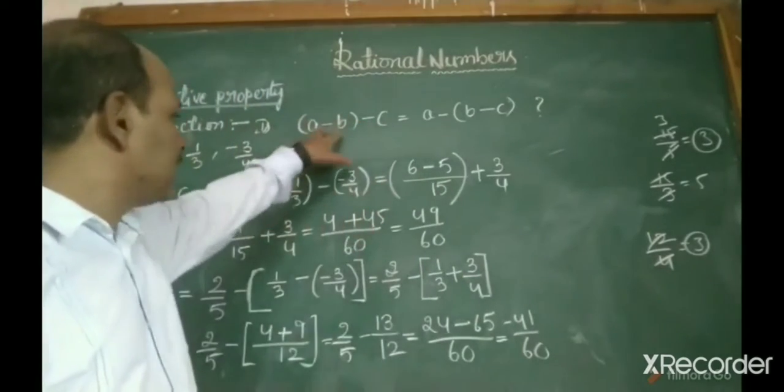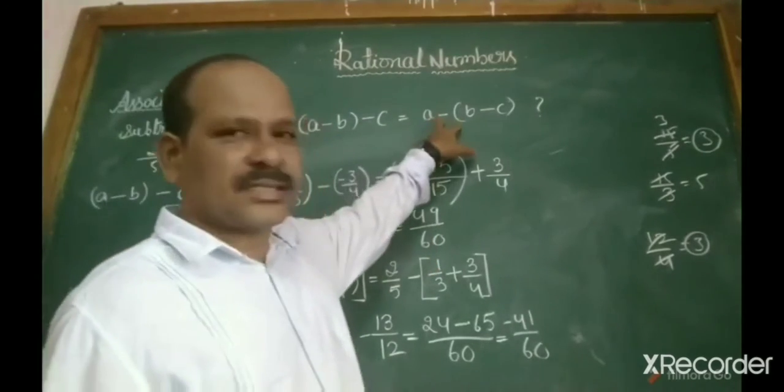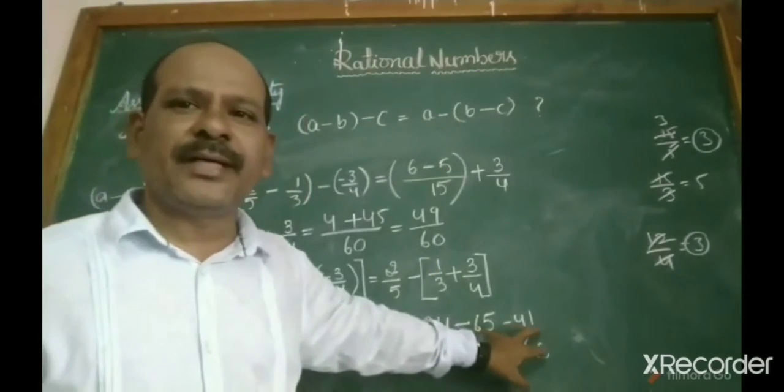So LHS I am getting the answer 49 by 60. RHS I am getting the answer minus 41 by 60.